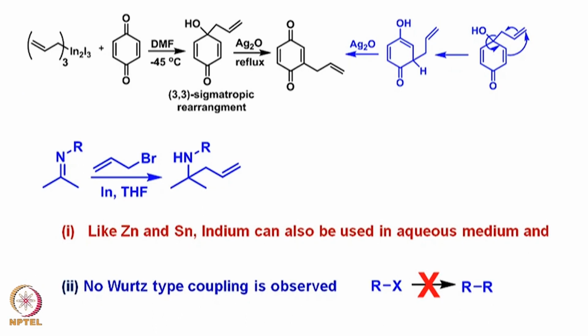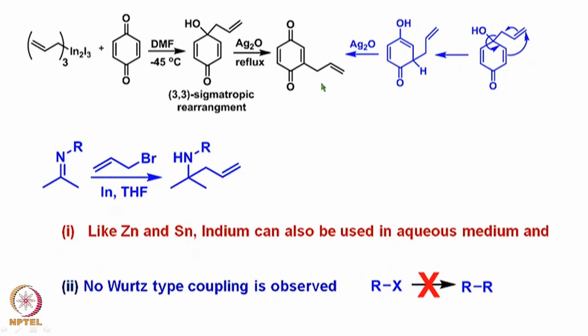Now it is also seen that if we start with an allyl indium species like this and react with benzoquinone, then even at minus 45 degrees in DMF, the corresponding homoallyl alcohol is easily formed. And it is found that if one refluxes this species in the presence of silver oxide, then the corresponding substituted benzoquinone is formed.